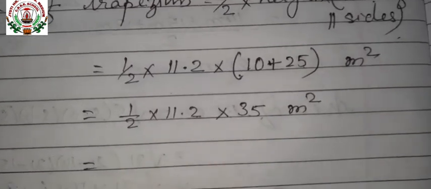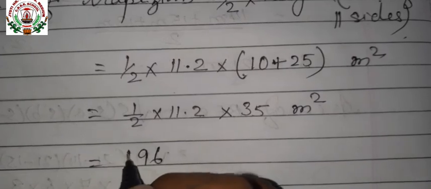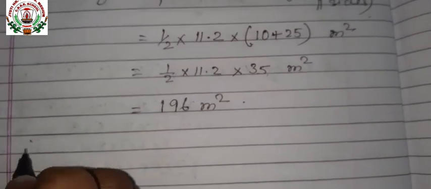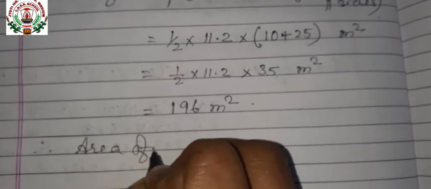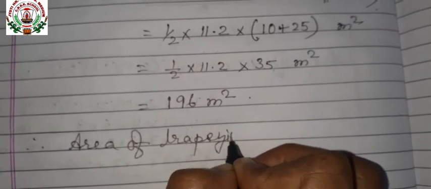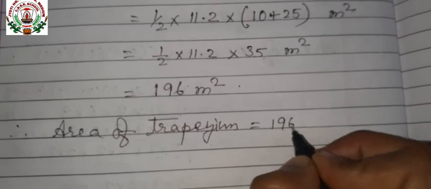Now on simplification of all this we get 196 meter square. So therefore area of trapezium equals to 196 meter square.